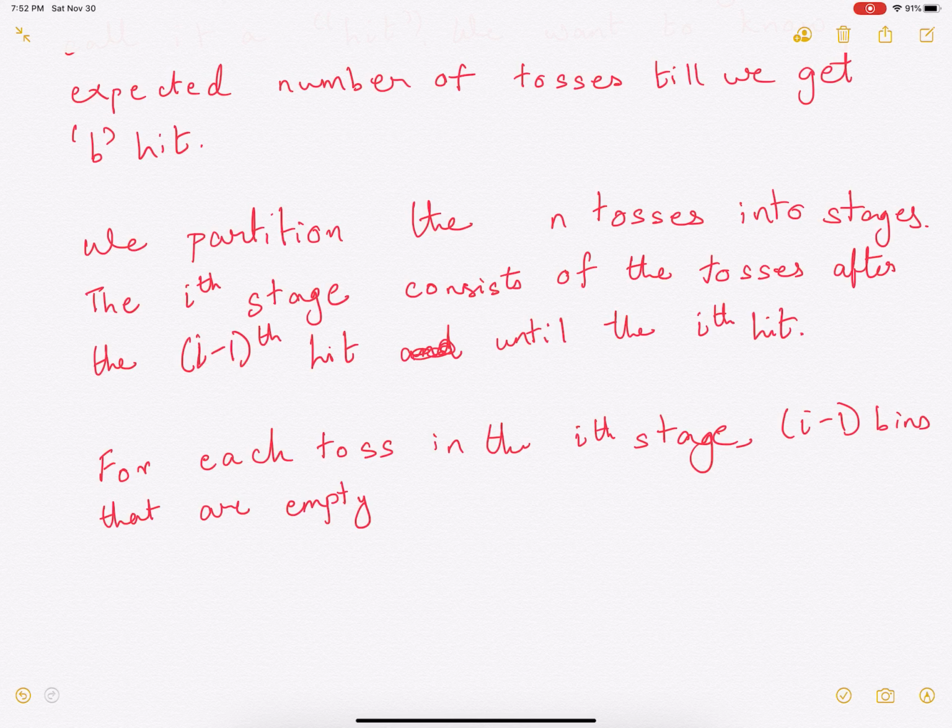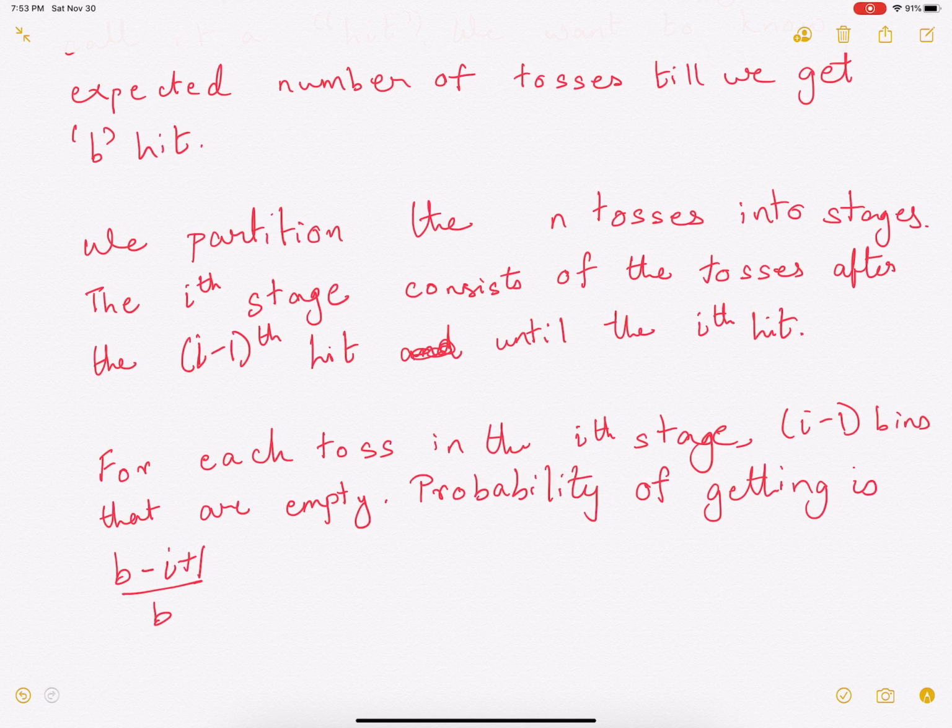So when you're tossing a ball in the ith stage, how can you model this? For each toss in this stage, the probability of getting a hit is (B minus i plus 1) by B.